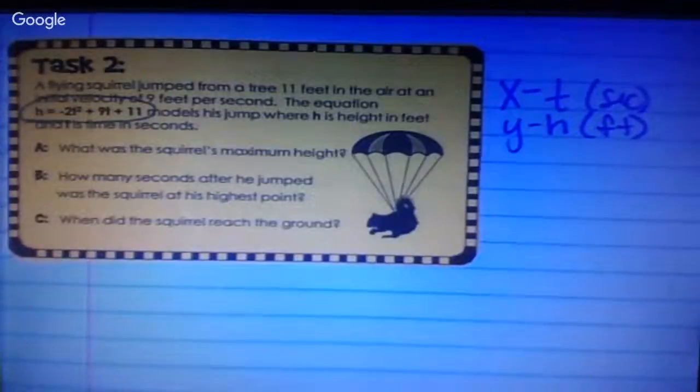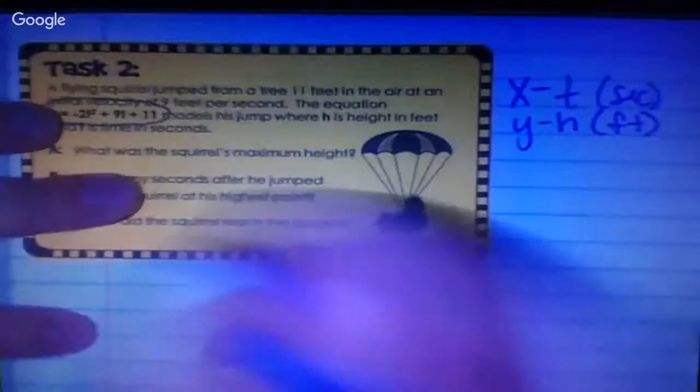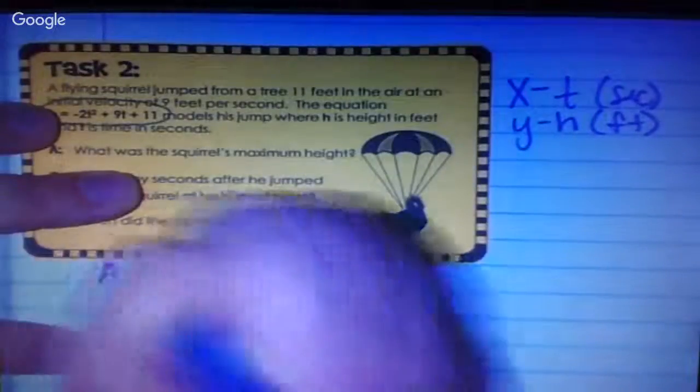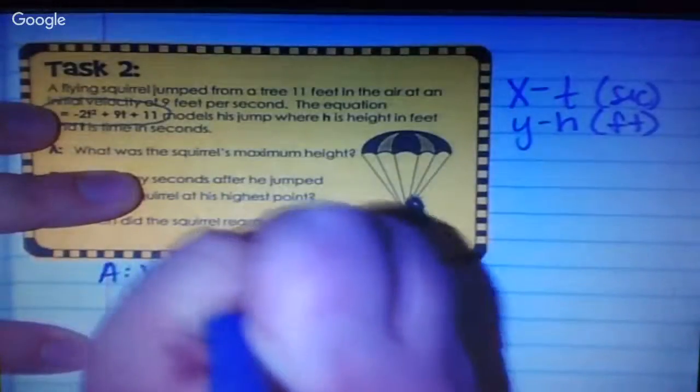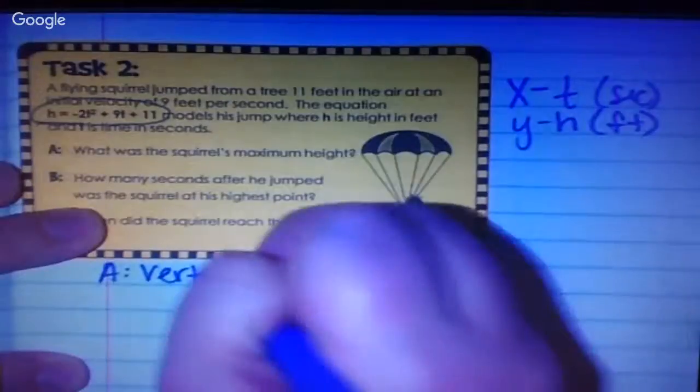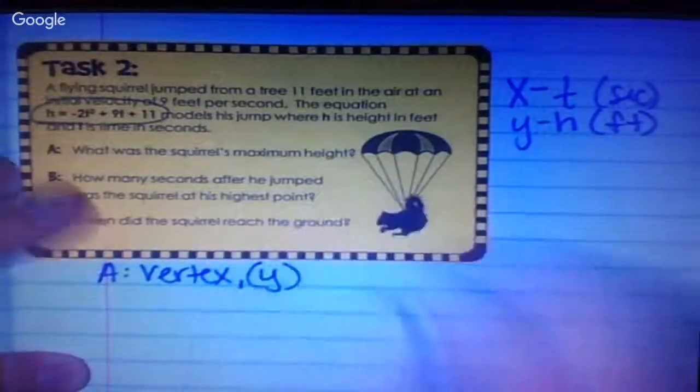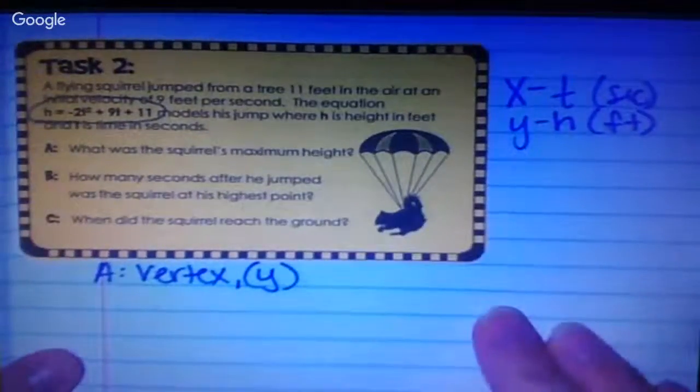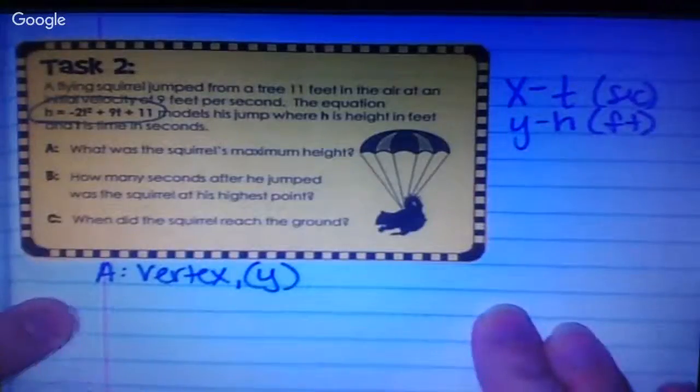When they're looking at A, what was the squirrel's maximum height? Okay, vertex. What part of the vertex do I want if I'm looking for maximum height? I want the y part of my vertex.